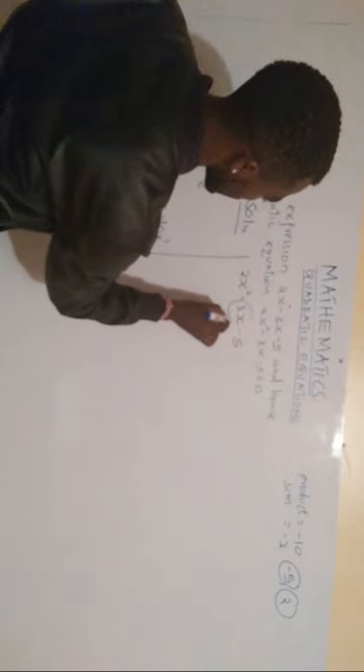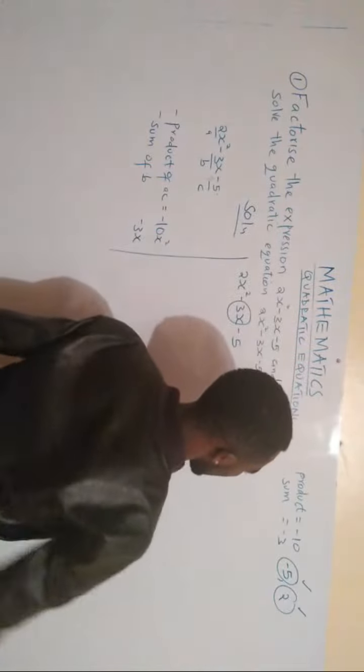So what you do in this expression here, just write it here. It is 2x squared minus 3x minus 5. So what you do, you substitute the middle term, the 3x, with these two numbers we have solved.